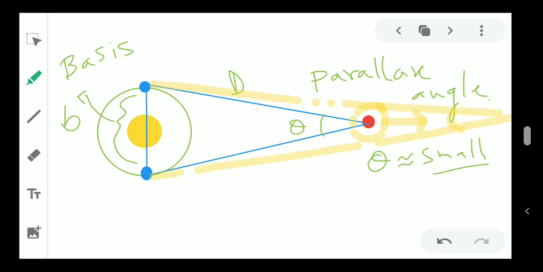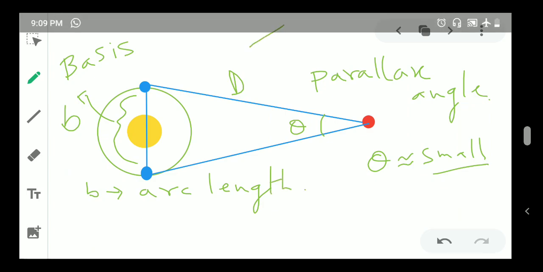And my angle will be smaller and smaller, right? So for farther objects we can tell that theta is very small. So when theta is small, this b will act as arc length.